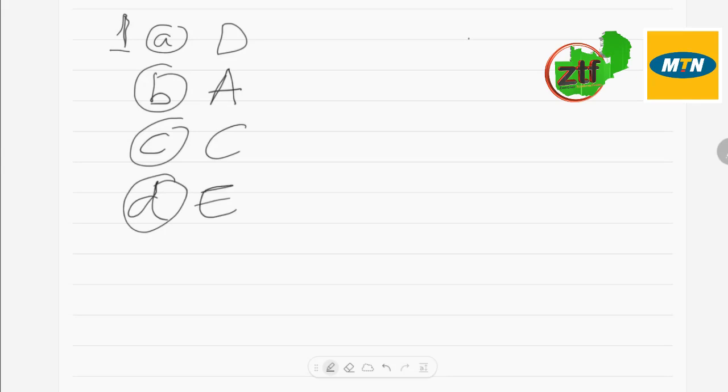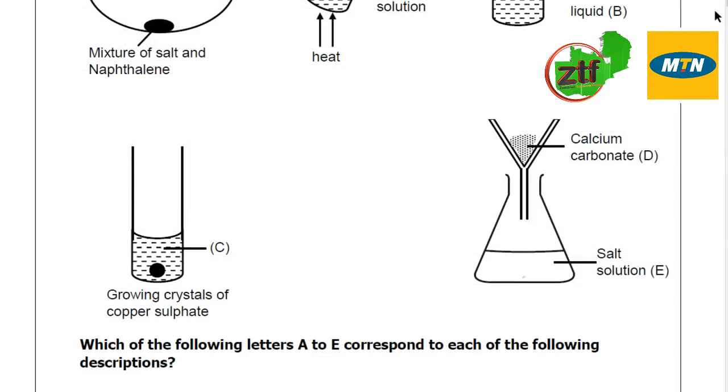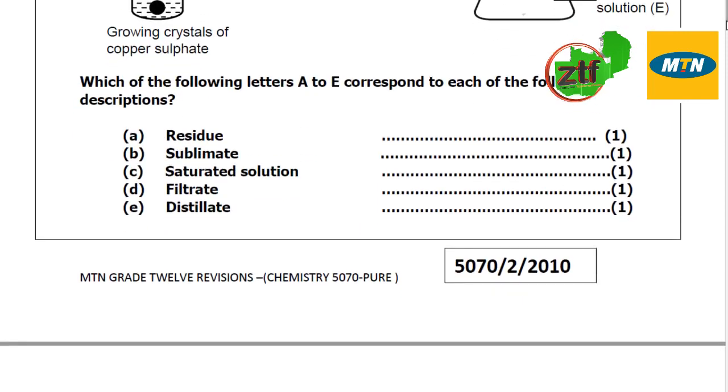Let's look at the last question on question number 1. The question says a distillate. A distillate, this is a liquid that has been collected and condensed during distillation process.